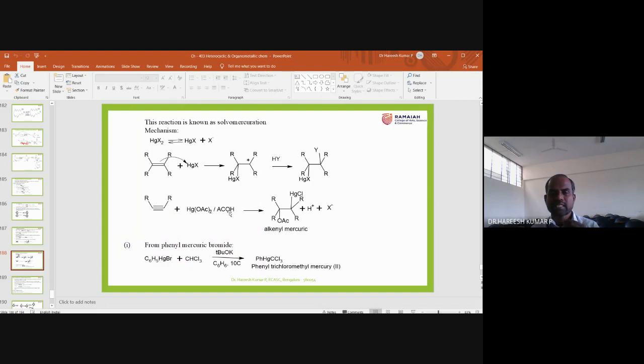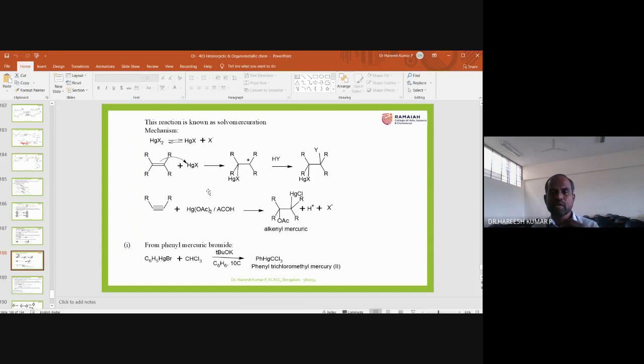Since acetic acid is there, AcO means acetoxy group, so that will come over here and form a bond. Here there are two possibilities, based on the R group. If the R groups are bulky, then Hg will add to the less hindered position, and acetoxy will add to the more hindered position. And here there is a double bond that you need to write.